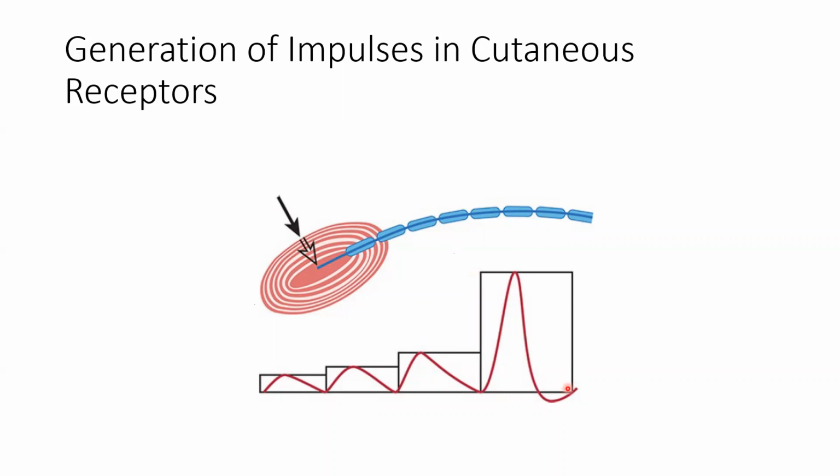So this is the way the activation of a sensory receptor leads to an action potential. These are just generator potentials that are a result of, let's say, stimulation of different strengths.